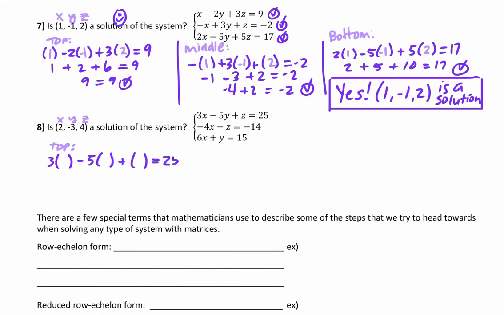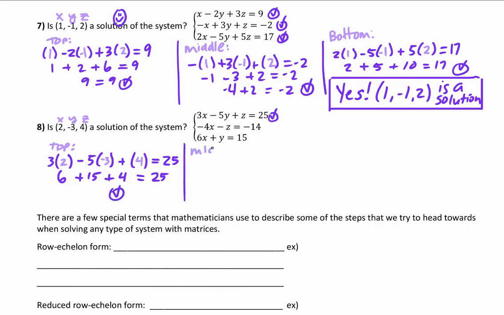We should be getting 25 out of this. So 2 is x, negative 3 is our y value, and then 4 is the z amount. 6 plus 15 plus 4 should give us 25. The 6 and the 4 make 10, and if we have 10 and 15, that indeed is 25. So it works with the top.